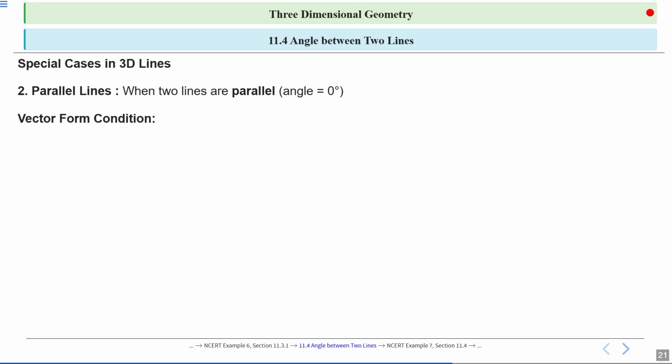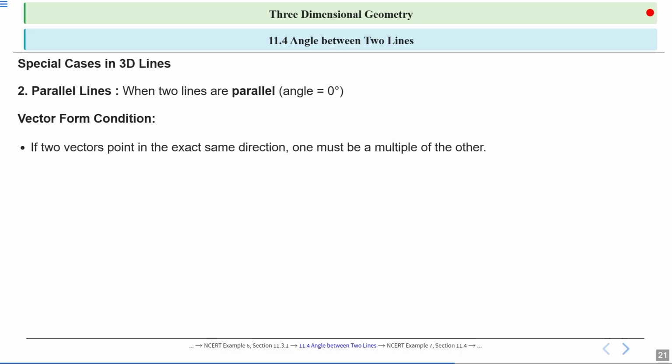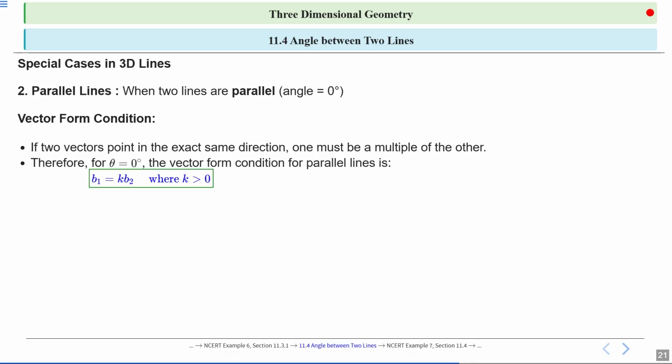So in vector form, the condition: if two vectors point in the exact same direction, one must be a multiple of the other. Therefore, for theta equal to 0 degrees, the vector form condition for parallel lines is b1 equals k times b2, where k is greater than 0.